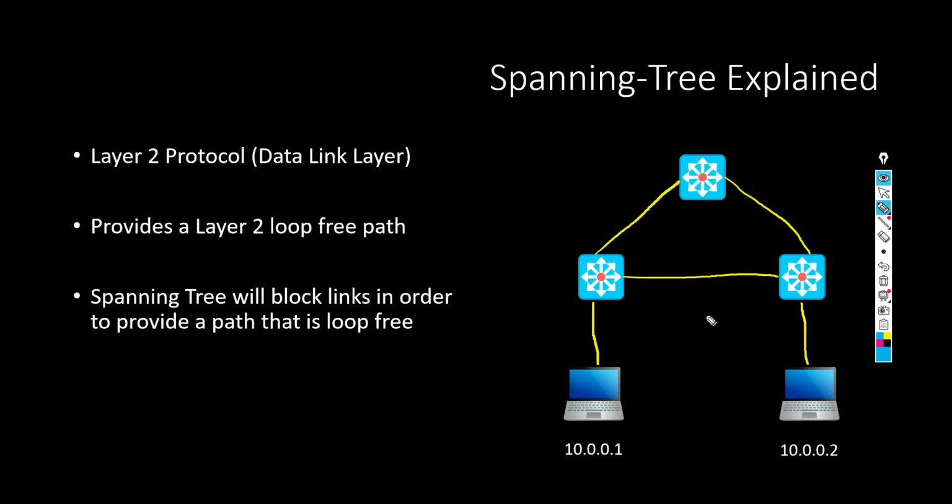For example, spanning tree will say you cannot use this link. So now if traffic wants to go from this PC to this PC, it has to go this way. Now I know you're thinking, why would I want to go the long way when I can just go directly to this switch? Well, based on how spanning tree is set up, spanning tree has said you cannot use this link.